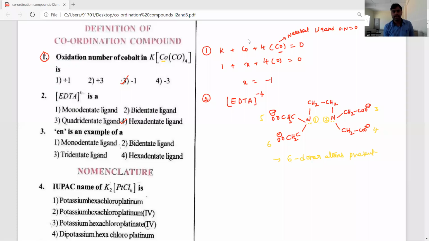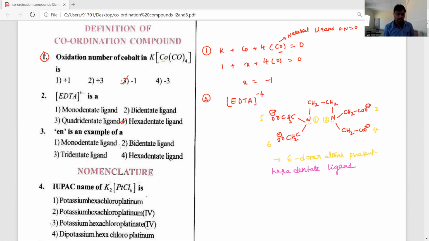Hence it is a hexadentate ligand. Now the answer is the fourth one. If a hexadentate ligand is present, what is the coordination number, my dear students? One EDTA molecule is present in a complex compound, its coordination number is 6.